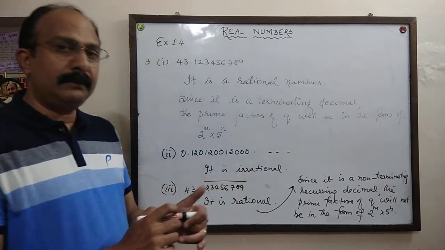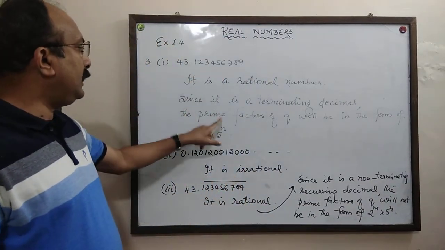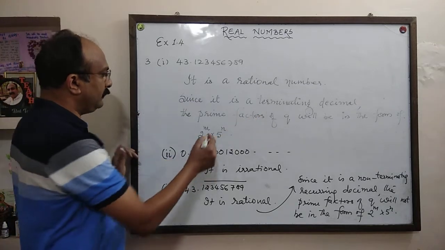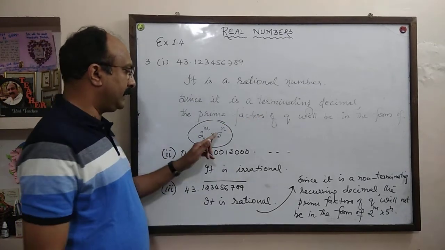So if the rational number is terminating, then only the prime factors of q will be in the form of 2 power m into 5 power n.